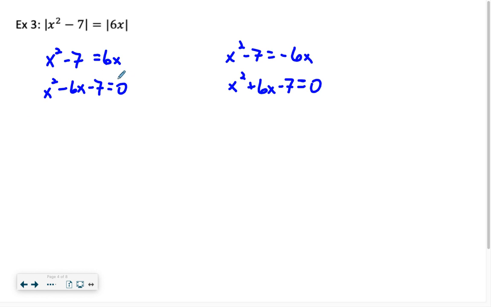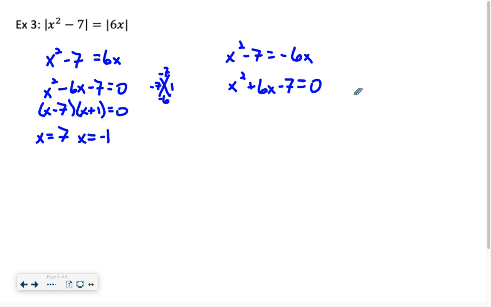So I think both of these will actually factor. So here we want two numbers that multiply to negative 7 that add to negative 6. I think that would be negative 7 and positive 1. So this would factor into x minus 7 times x plus 1. So setting those equal to 0, we'll get x equals 7 and x equals negative 1.